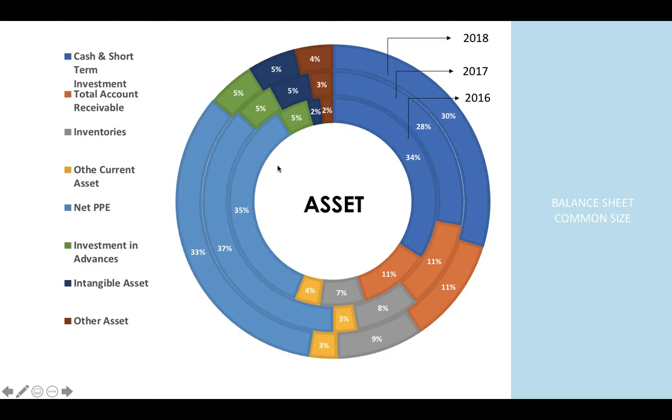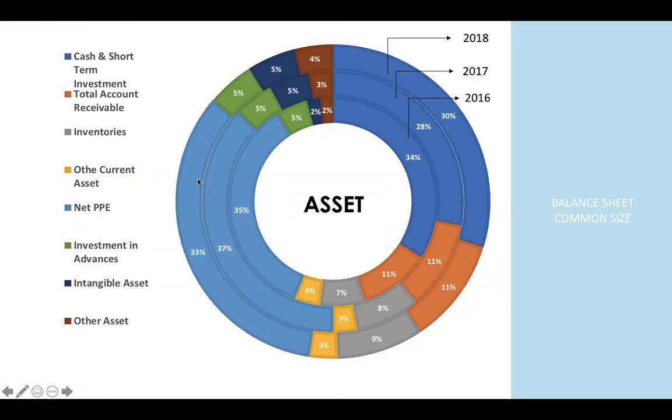As we can see, there are 3 years of financial statements that we analyze. The first circle from the inside is for the 2016 financial statement. The second circle is for 2017, and the outer circle is for 2018.